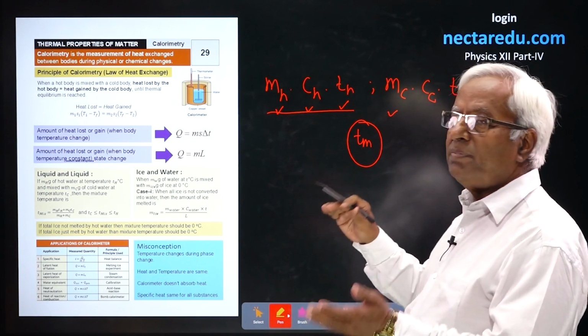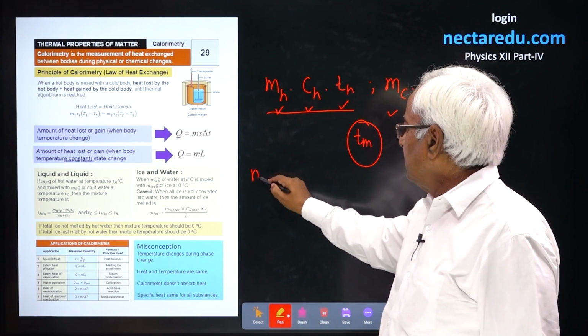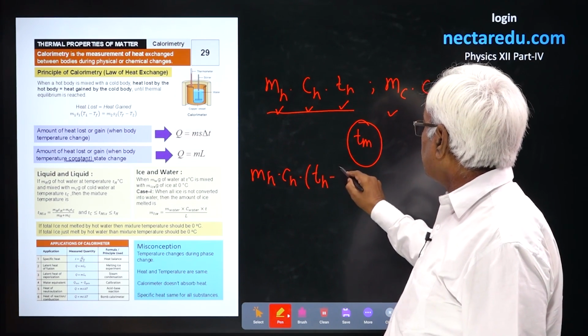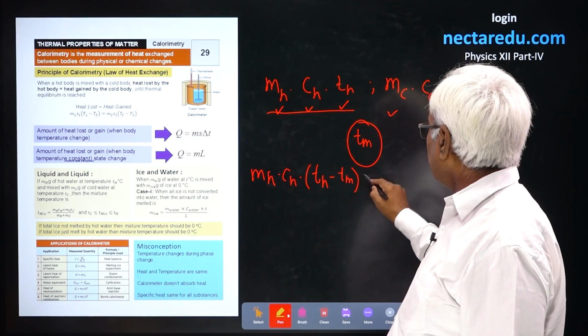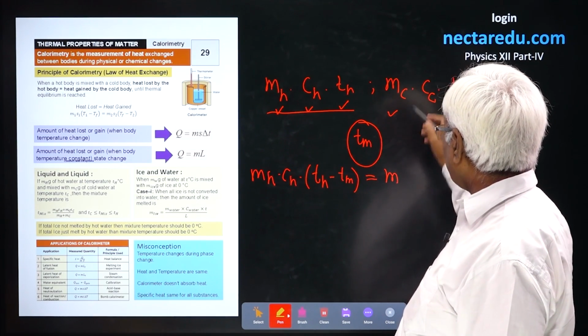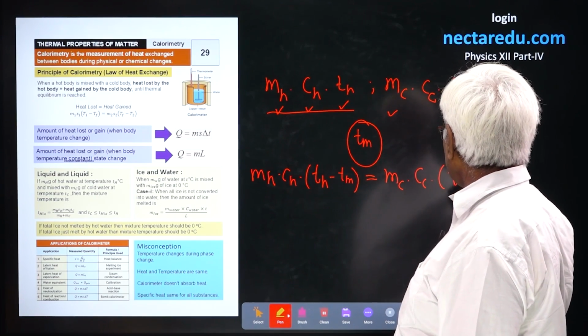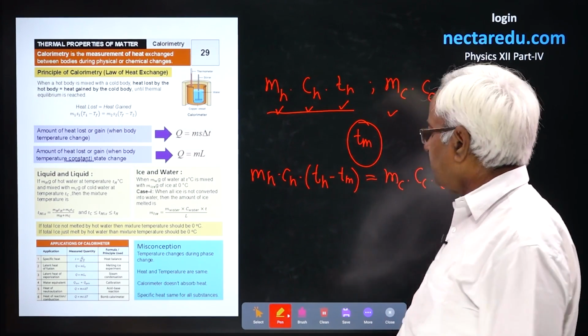So, heat will be given by the hot body, that is mH cH (TH minus Tm), and heat will be absorbed by the cold body, mC cC (Tm minus TC).